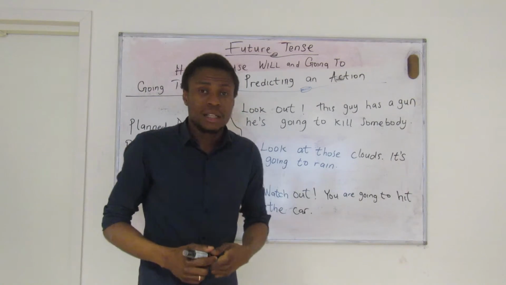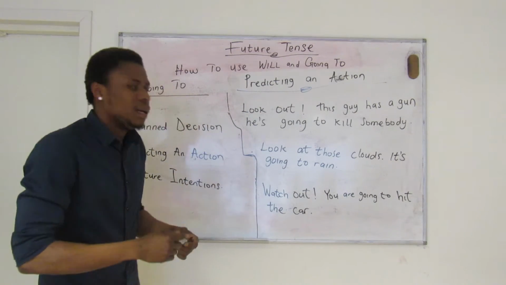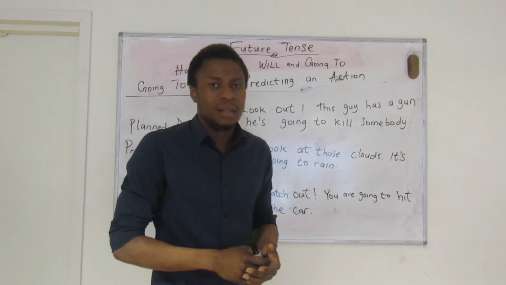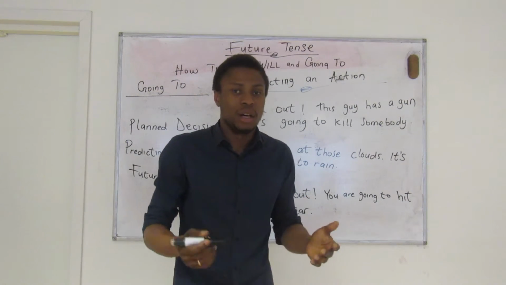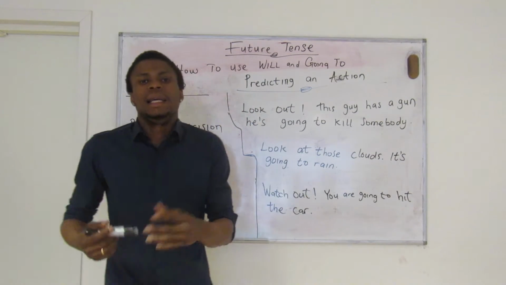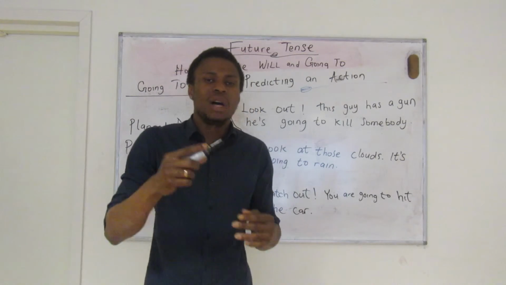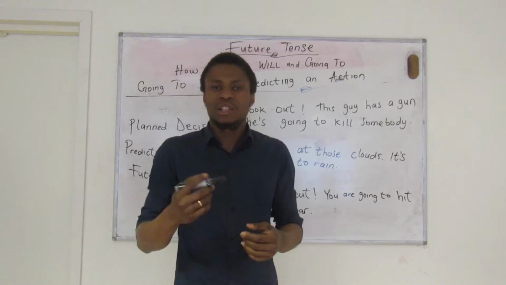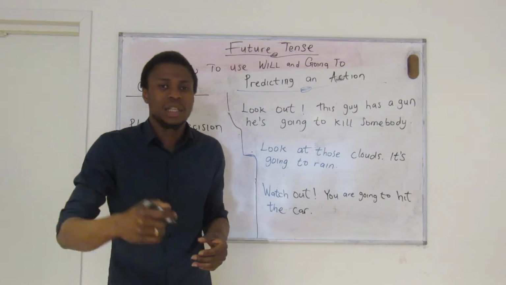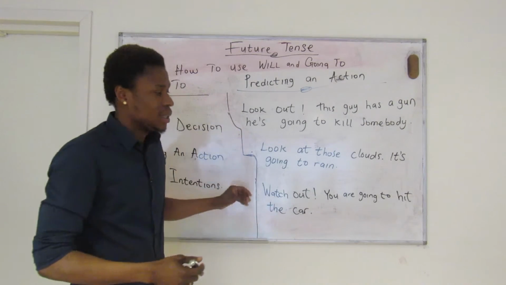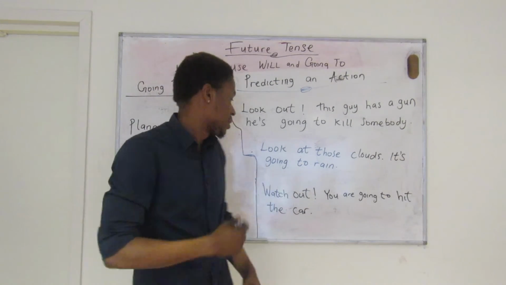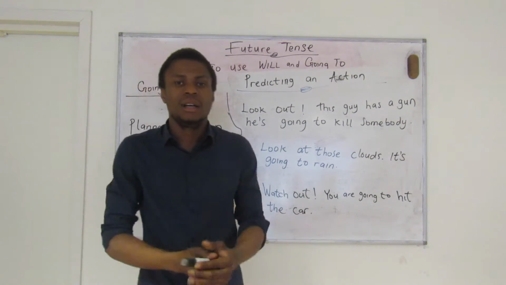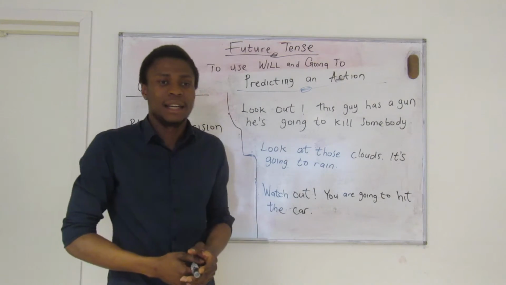Now, the next one. You are driving with your friend who might be drunk or not, and is about to hit somebody. You have proof that if your friend is not careful, he is going to hit somebody. You tell him, watch out, you are going to hit that car. So, I hope you understand that.